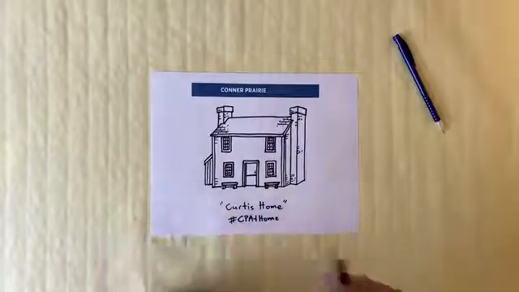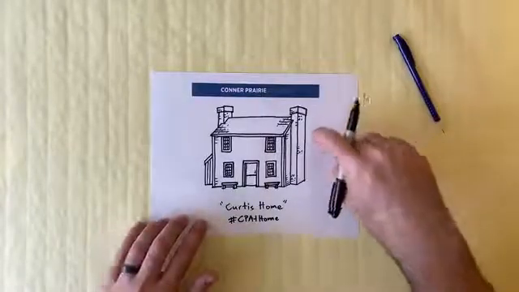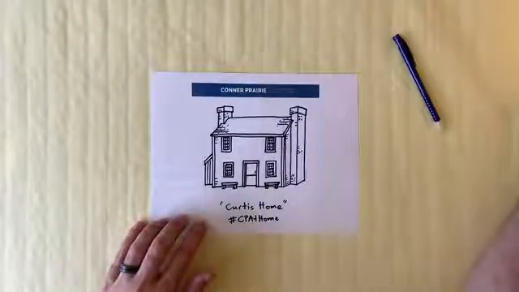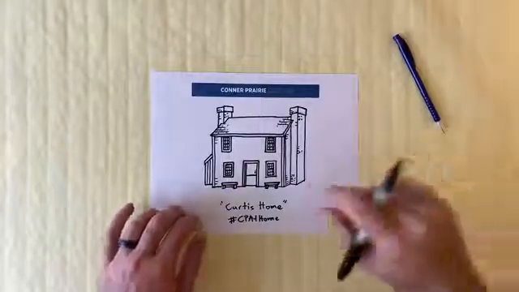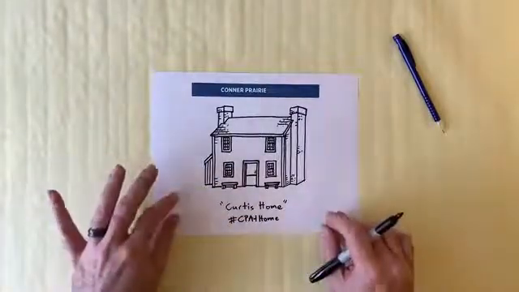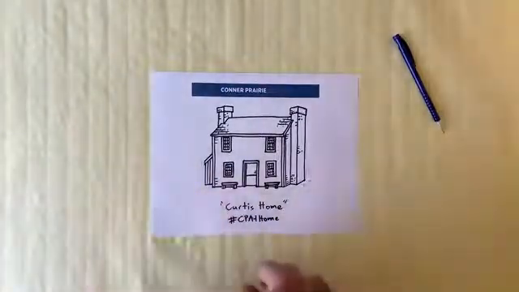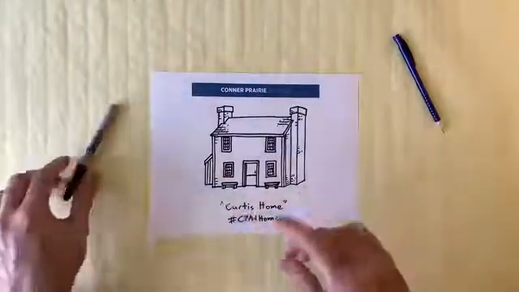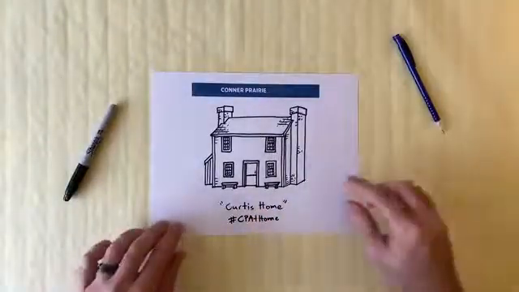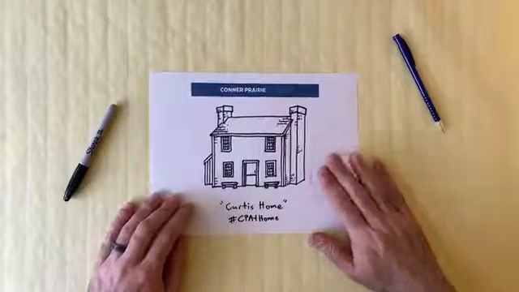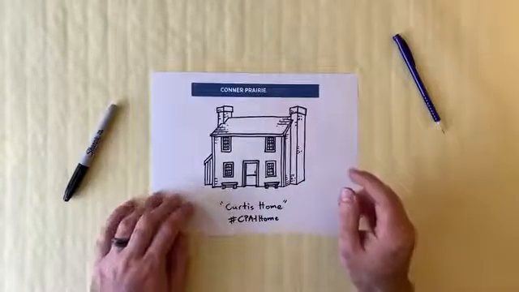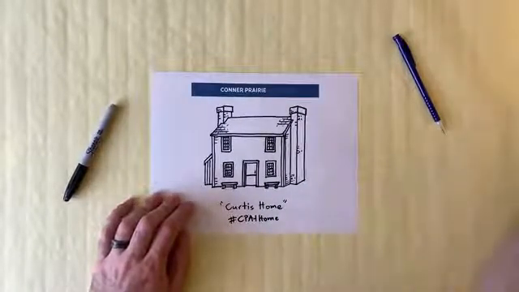There you go. Now over here would be the blacksmith home or shop, and log cabins over here. And it does have a little picket fence that you could add around if you wanted, but you don't have to. And there you go, there's the Curtis home. Again, I'll make this image available later for you guys to download and check out.